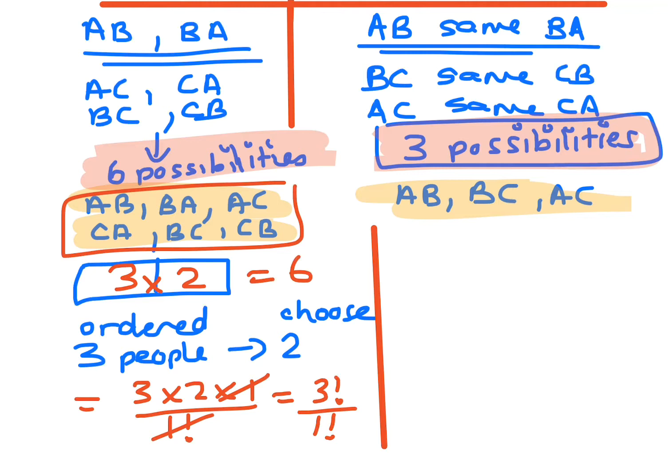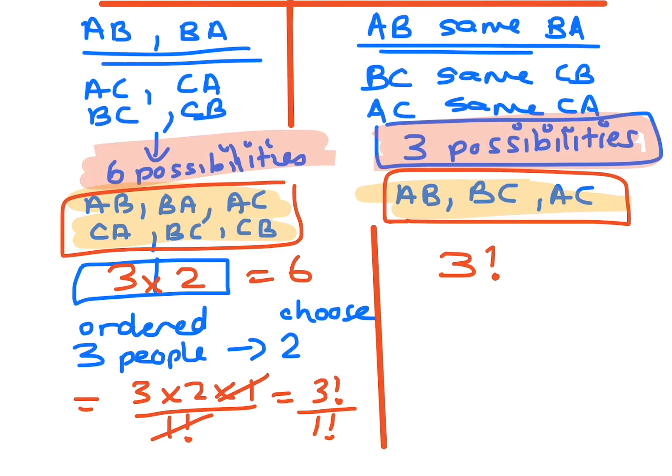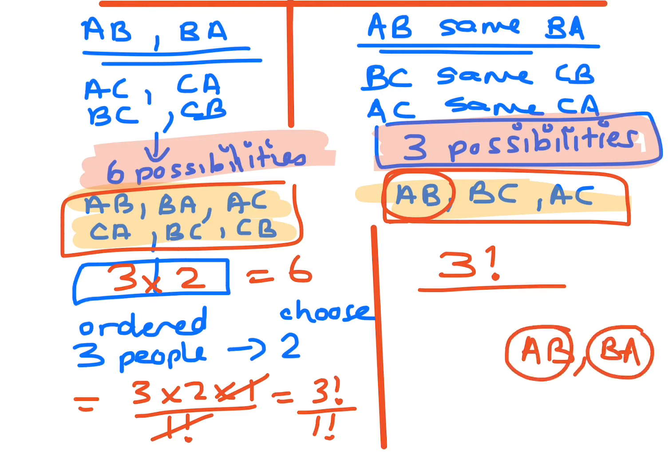When you're over on this one, and you've got 3 possibilities, then the order here is not going to matter. Okay, so if we're choosing this, what we actually need to do is we do our 3 factorial, but we need to divide out the AB compared to the BA. So when you choose those 2 people, you've got to divide out the number of ways those 2 people could be arranged within themselves, which is 2 factorial.